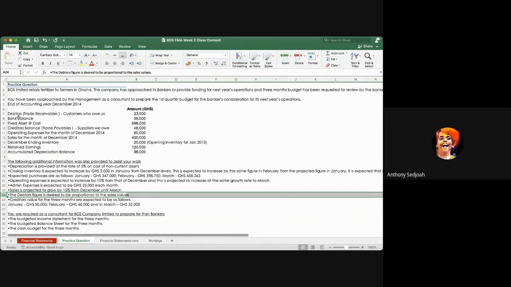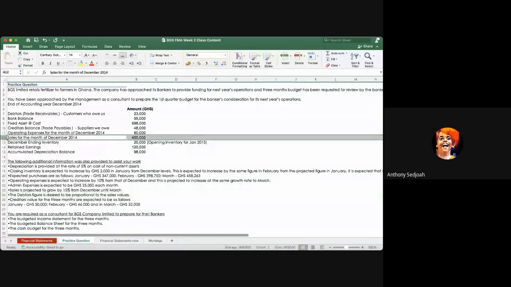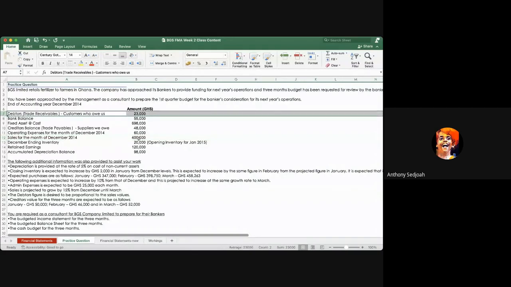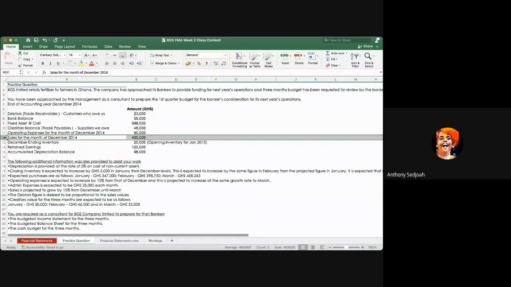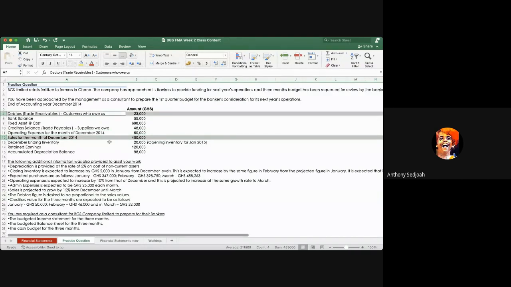So as of December 2014, sales is 400,000 and debtors is 23,000. It means that out of the 400,000 that we sold, 23,000 is yet to pay, or yet to come to us as cash. So it's a certain percentage.